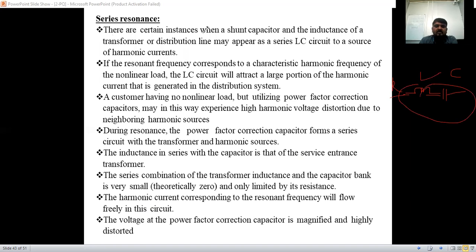There are certain instances when the shunt capacitor and the inductance of the transformer or distribution system or line may appear as a series LC circuit to a source of harmonic currents. That is, L and C are both connected in series.